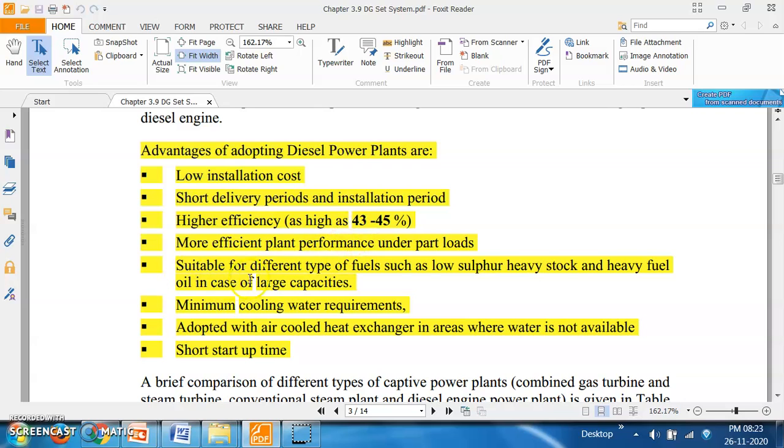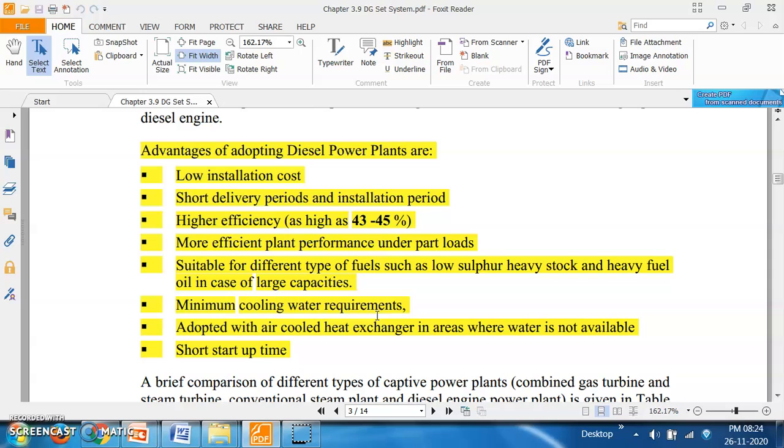Next, it is suitable for different types of fuels, such as low sulfur, heavy stock, and heavy fuel oil in the case of large capacities. Among the fuel oils, you can feed any of those. That is another feasibility. And it has minimum cooling water requirements.